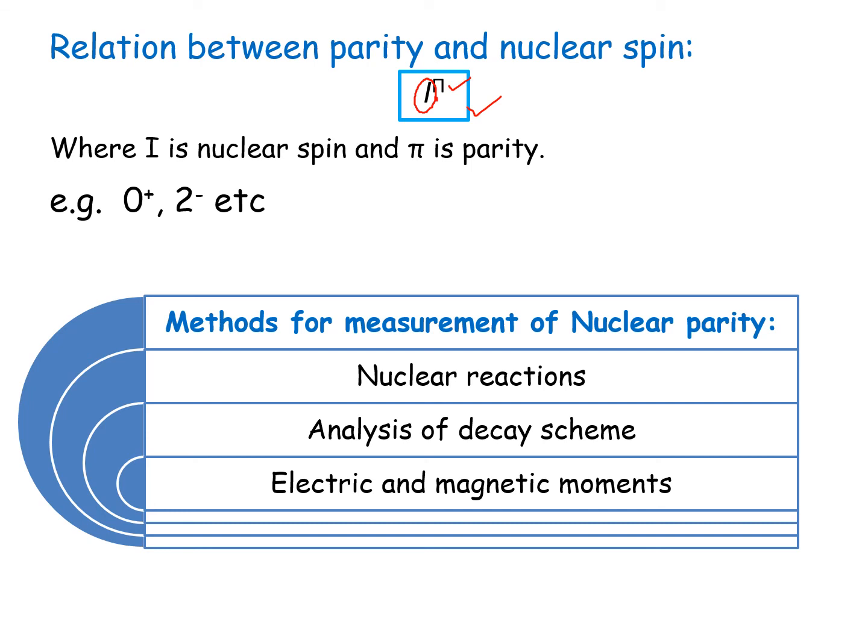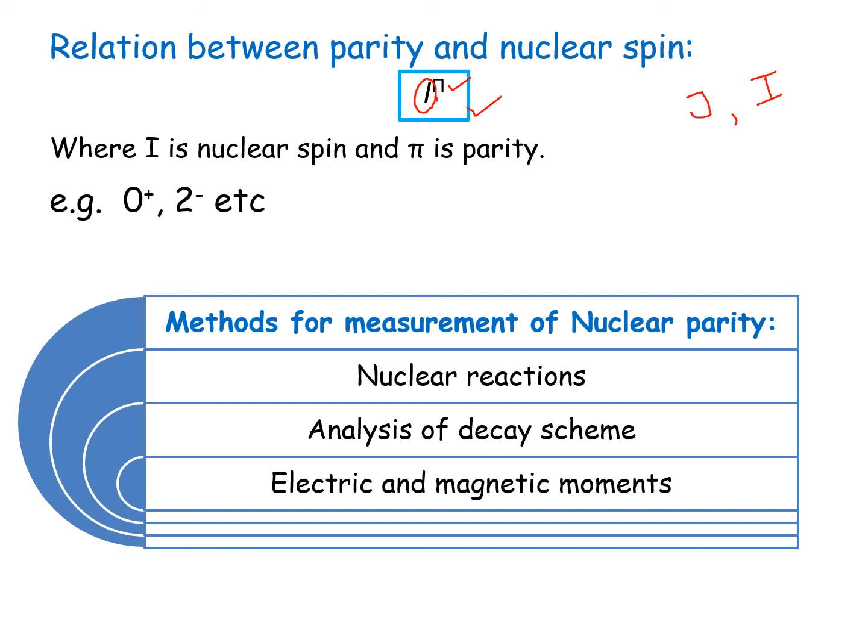In the last session we said that if we talk about the angular momentum, then we say J, and in case of the nuclear spin we talk about I. For the numericals, you can find out the different nuclear states, whether it is a 0 positive state, or 2 negative, or 3 positive.